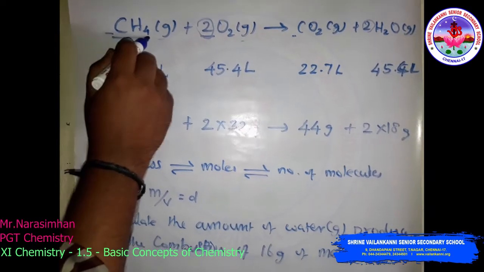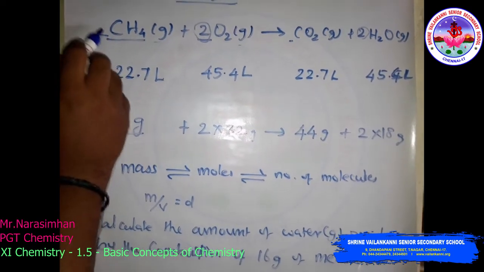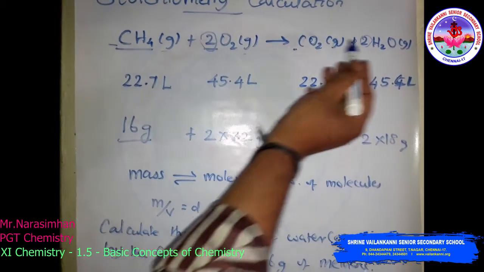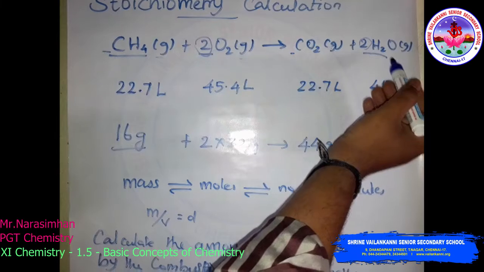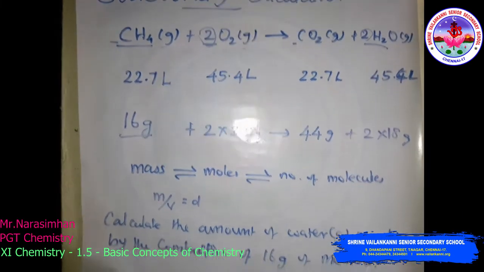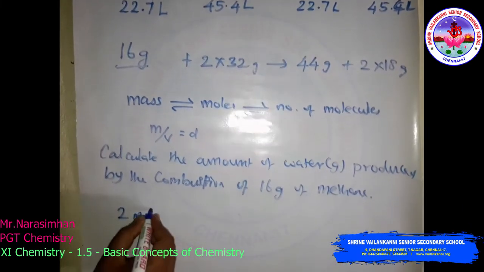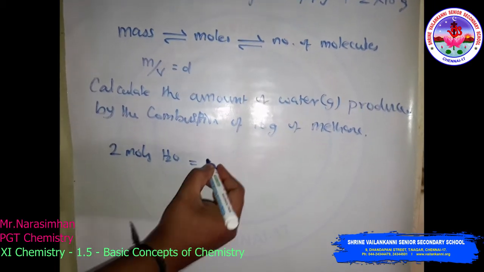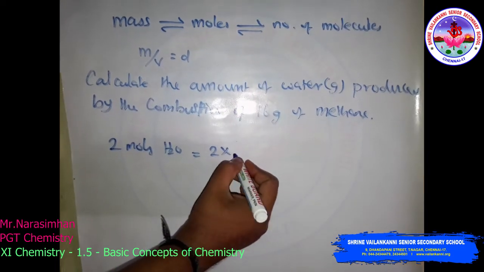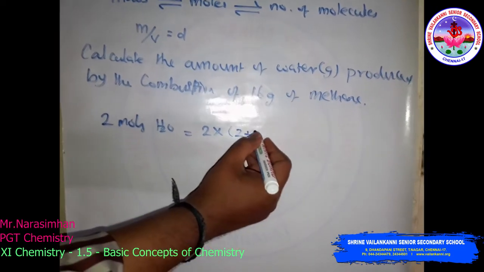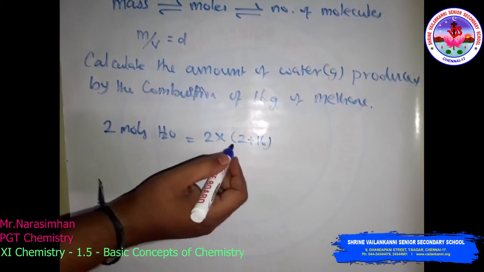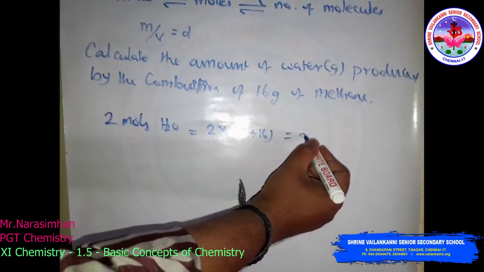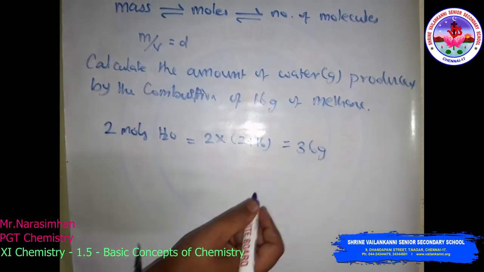Here the 16 gram of methane, that means 1 mole, corresponds to 1 mole, to give what? Water molecule, 2 moles of water gas. So here there are 2 moles of water. The mass of water is 18, so 2 into 18 will become 36 gram.